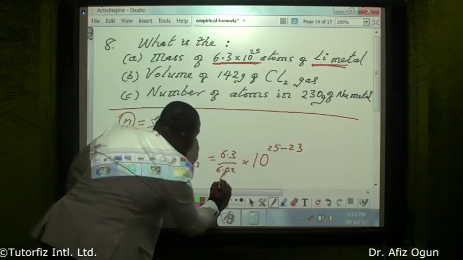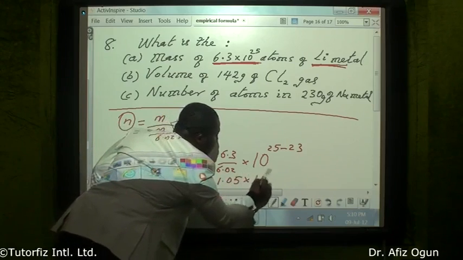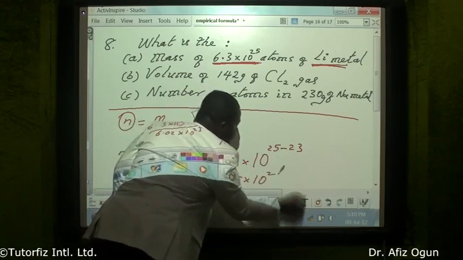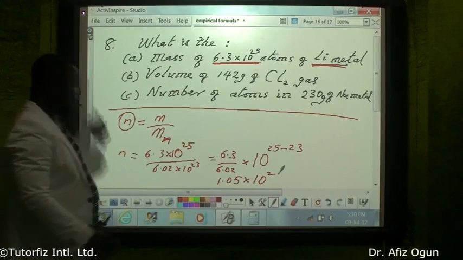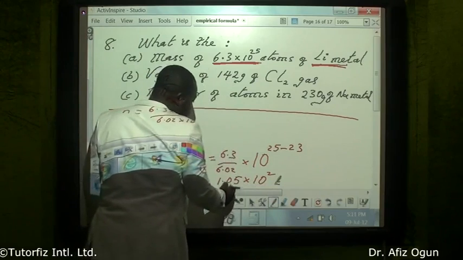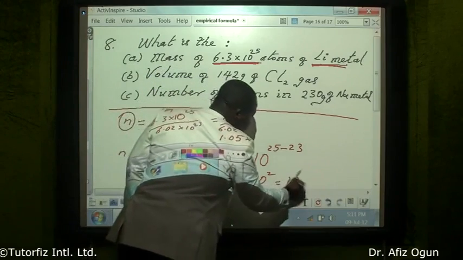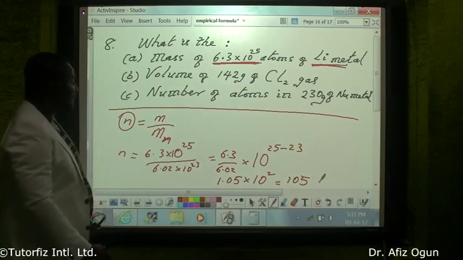So I have 1.05 multiplied by 10 to the power 25 minus 23, which is 2. So I have 1.05 times 10 raised to the power 2, which is the same thing as 105 moles. I have 105 moles.